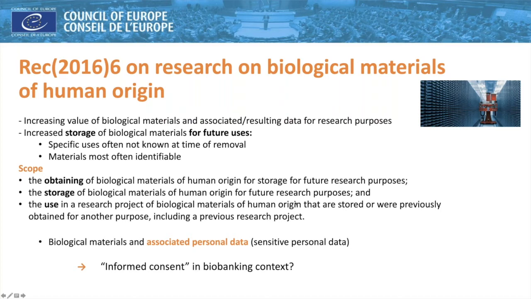An important element is that all these provisions are considered applicable to biological materials removed for research purposes, but also to the associated personal data that are very often linked to these materials. And the purpose of this revision was, in particular when it comes to informed consent, to see how this principle should be implemented in a biobanking context.